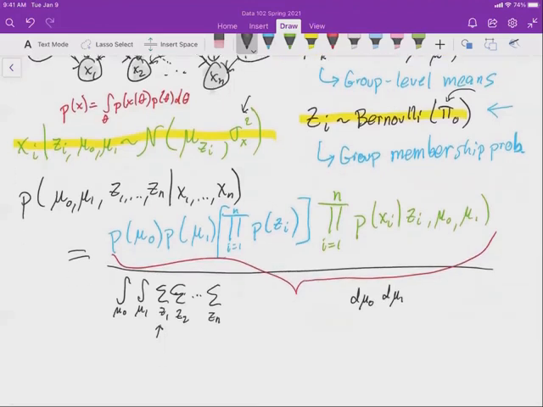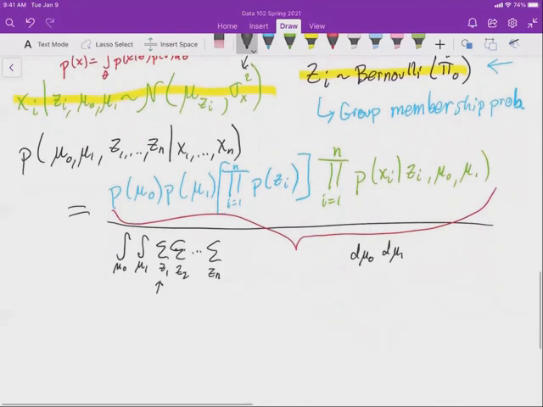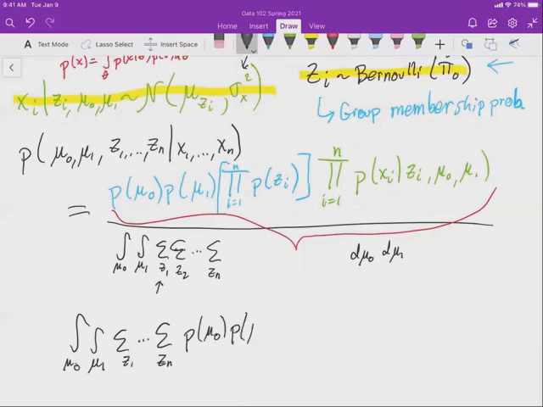Let's see if we can do any tricks with the sums to see if anything simplifies, like we saw in our conditional independence example. So this is the integral over mu0, the integral over mu1, the sum over all the z's of p of mu0, p of mu1, the product over i of p of z sub i.